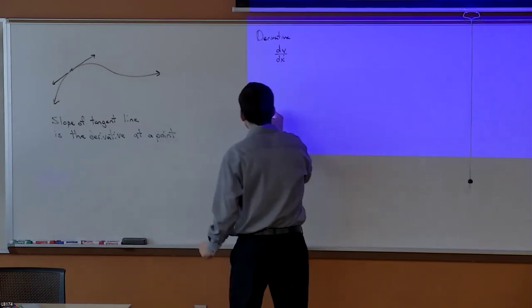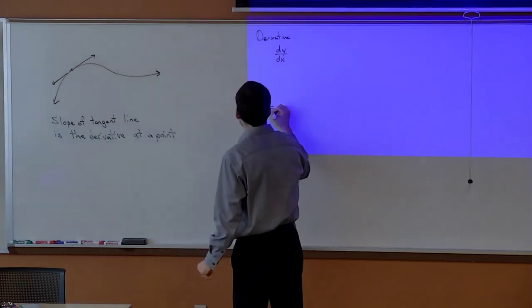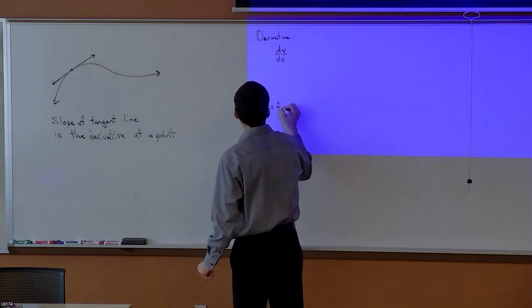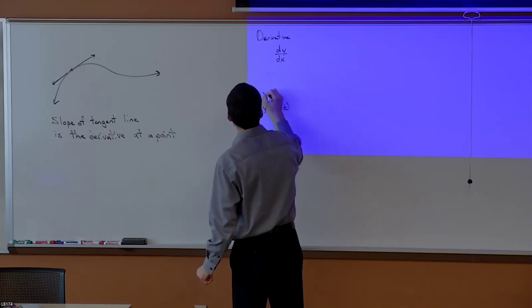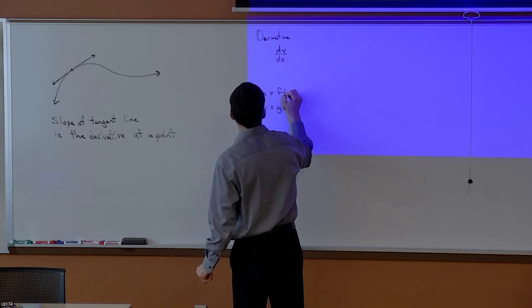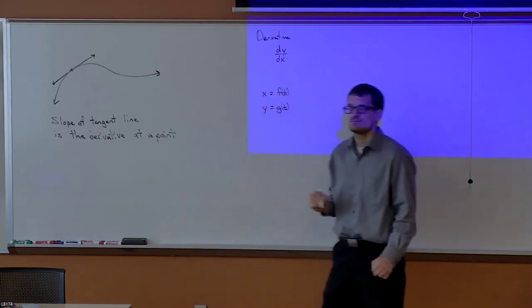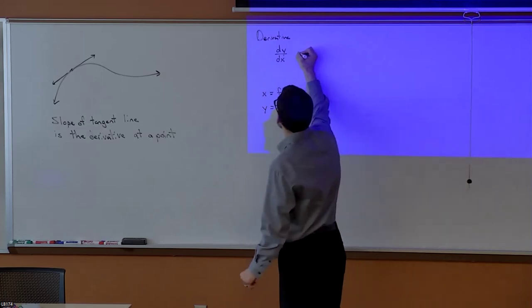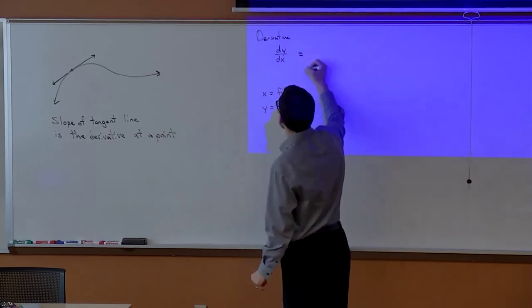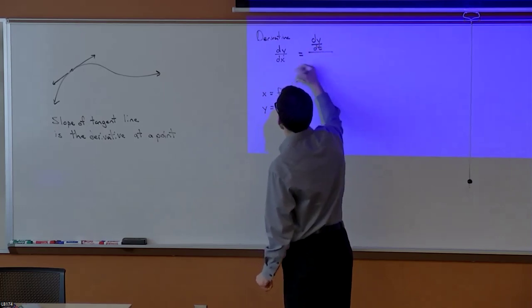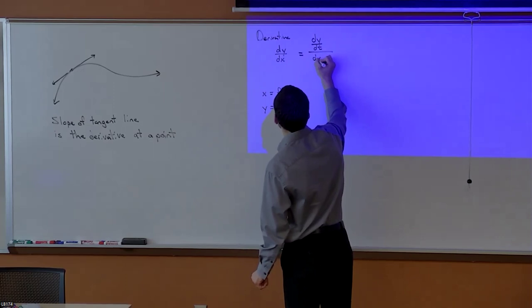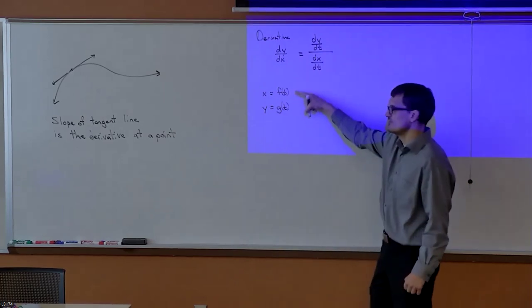And if we have parametric, then our y is going to be some function with respect to t, and our x is going to be some function with respect to t. So instantaneous change in y is essentially just the change in y with respect to t, and instantaneous change in x becomes the change in x with respect to t. In other words, the derivatives of these two functions.